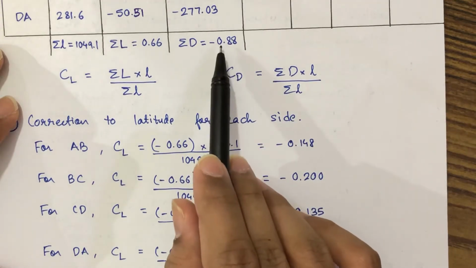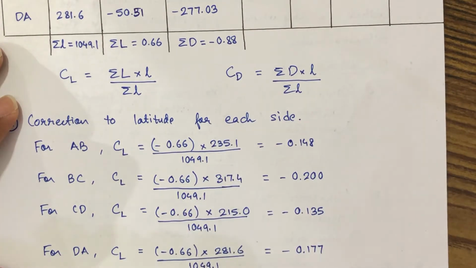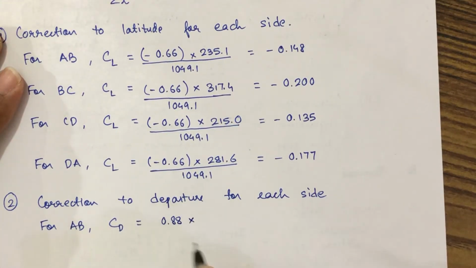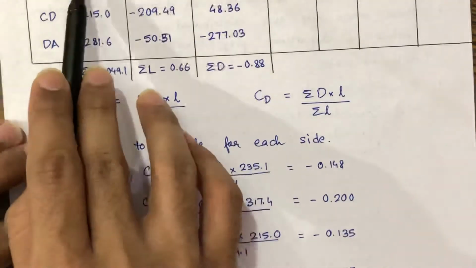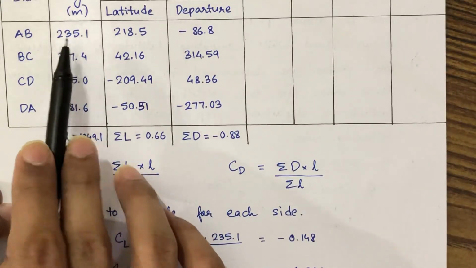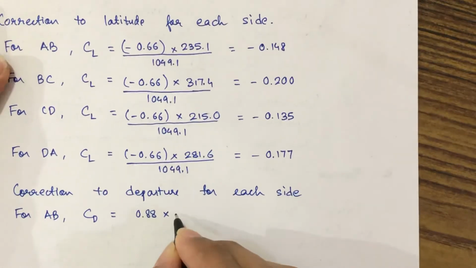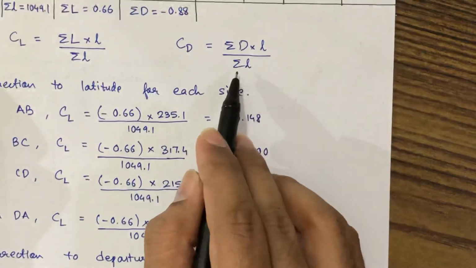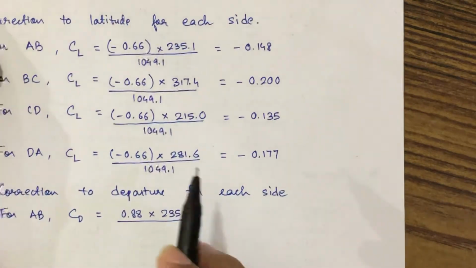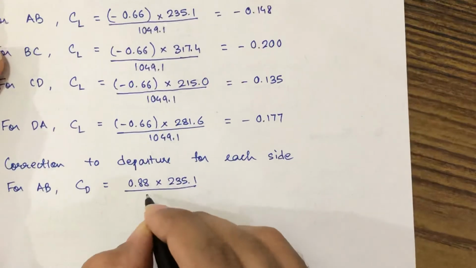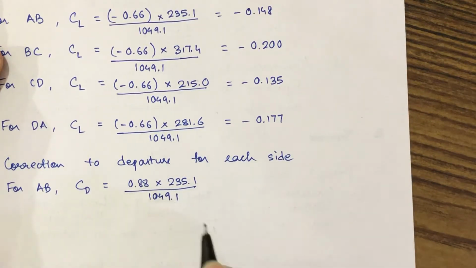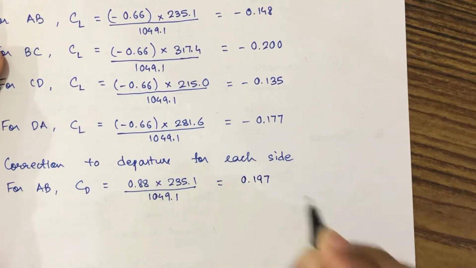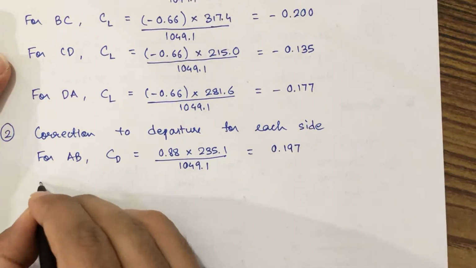As the error is minus, the correction should be plus. So this value will be plus 0.88 multiplied by the length of side AB, 235.1, divided by the perimeter of the traverse, summation L, that is 1049.1. This value comes out to 0.197.